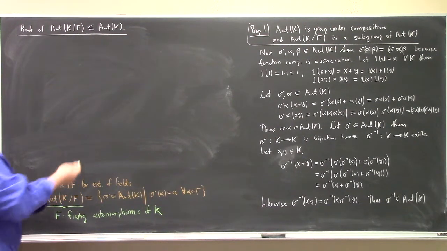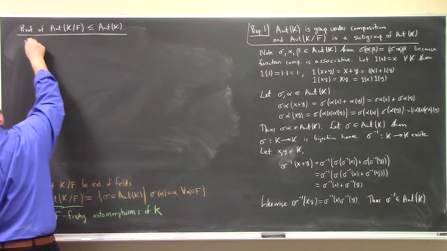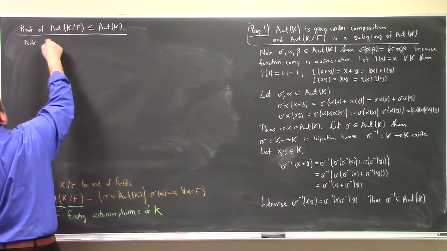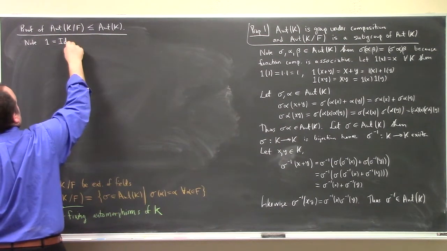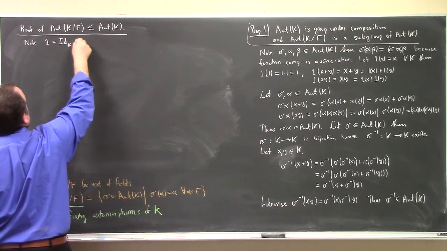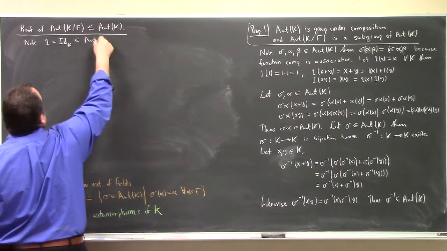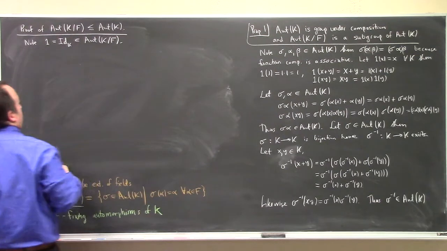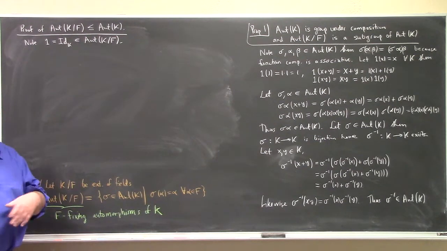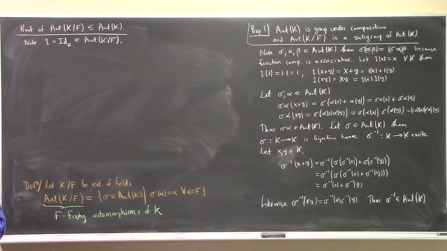I'm going to prove it's non-empty, right? So note the 1, equal to the identity on K, is an element of the F-fixing automorphisms of K. That is clear. The identity fixes everything, so of course it fixes F. Okay?